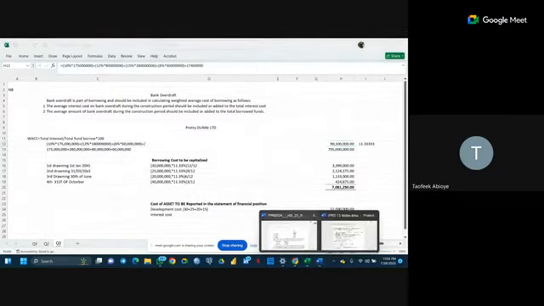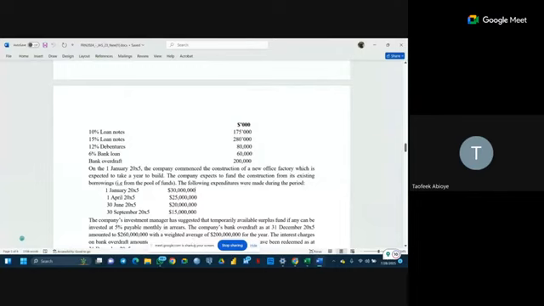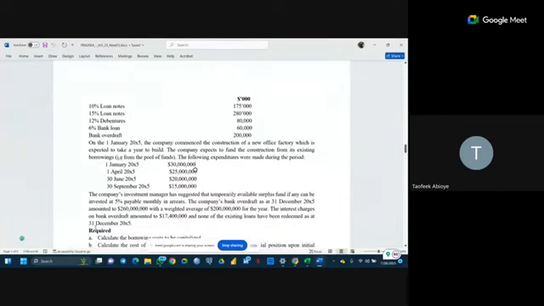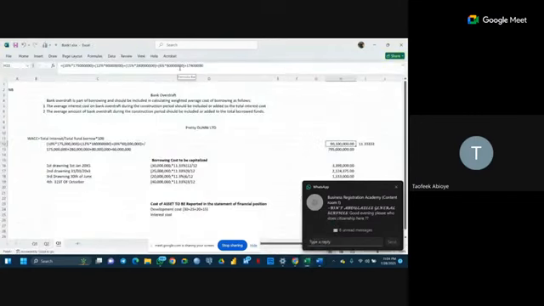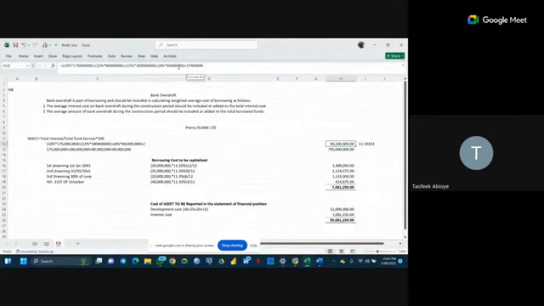It says the interest charges on bank overdraft amounted to 17,400,000, which means we are not going to calculate this bank overdraft again. We are only going to calculate this one plus this one plus this one. Let me add it here: 17,400,000.